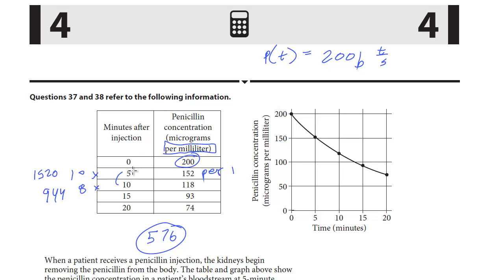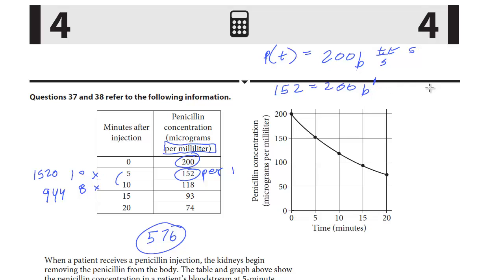And so what I mean by that is, well, here is 5 minutes after. We know that the answer is 152, right? So 152. Okay, we're plugging in to check based on the table, and then we can solve for B. 152 equals 200 times B. This is 5 minutes after, and so if we plug in 5 there, we just get B to the first, right?